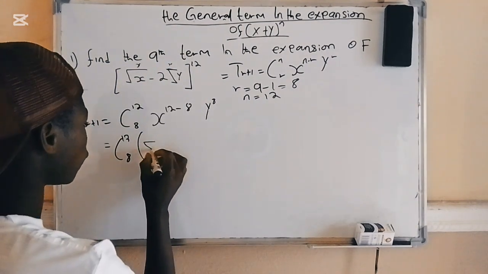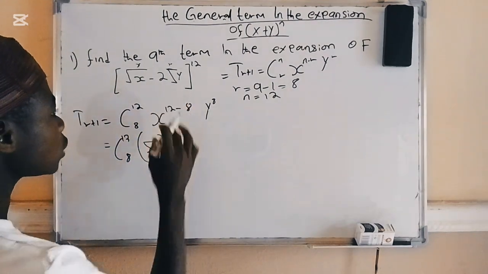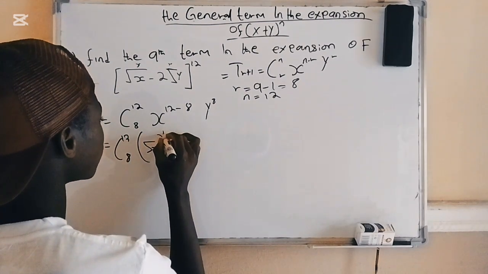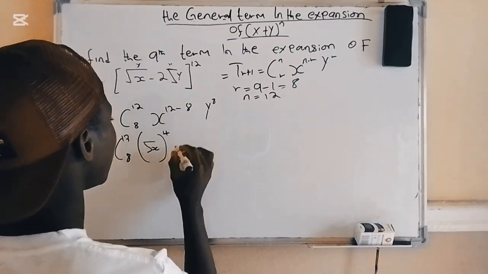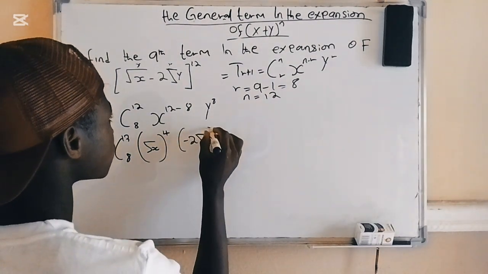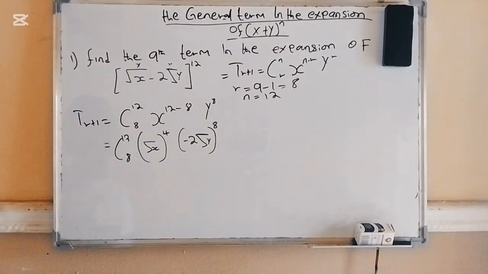So this will be equal to 12C8 multiplied by root of x raised to the power 12 minus 8, which gives 4, multiplied by (−2 root of y) raised to the power of 8.